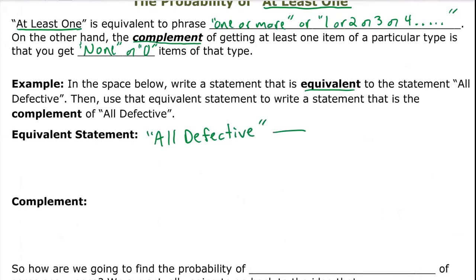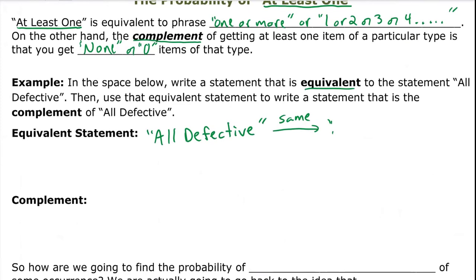If you wanted to write a phrase that's the same as all defective, think about working in the words all or none, or at least one. Well, all defective is the same as saying that none are good. If they all have a defect, that means none of them are good, or none of them are free of defects.